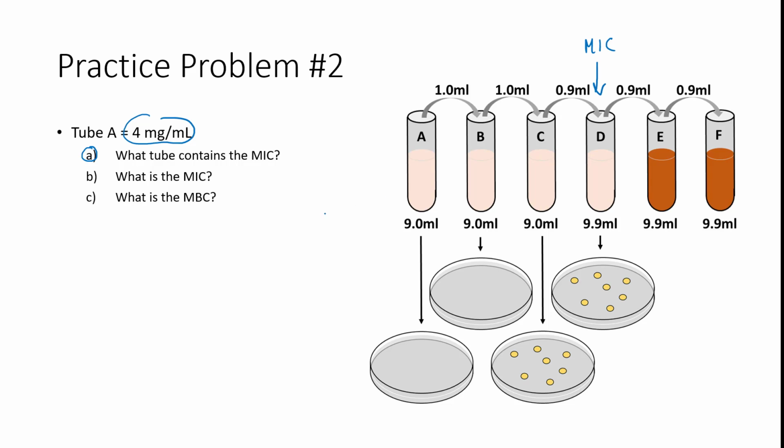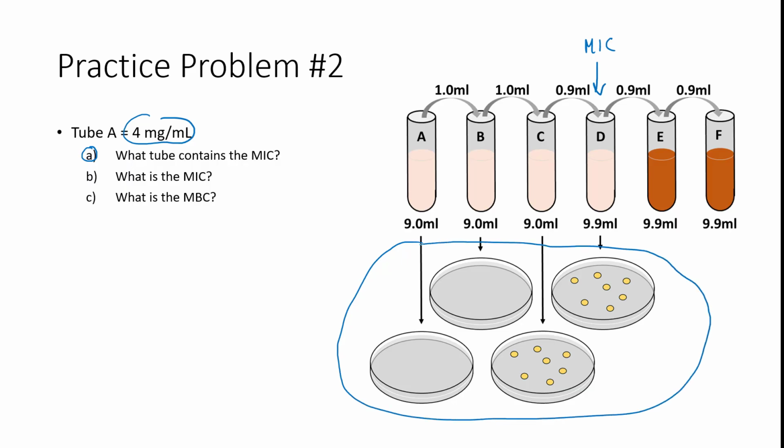And then, looking ahead, what tube contains the MBC? Well, if we look at these data here, this is what we need to determine what tube contains the minimal bactericidal concentration. We can see that the sample from tube B here did not cause any growth on the plate, whereas there was growth on the plate from tubes C and D. So tube B here contains the MBC.